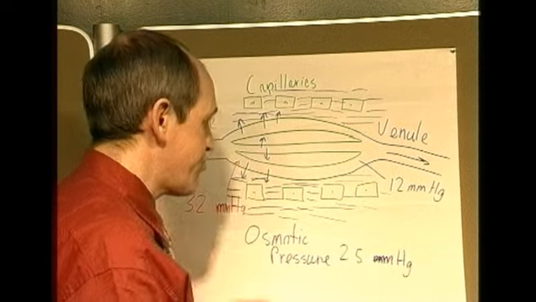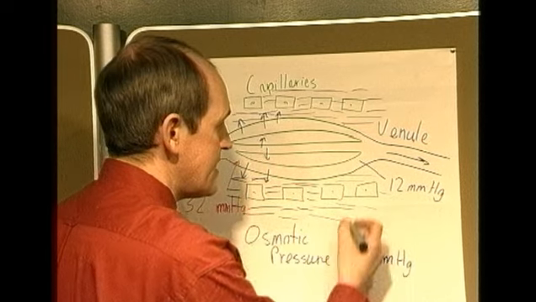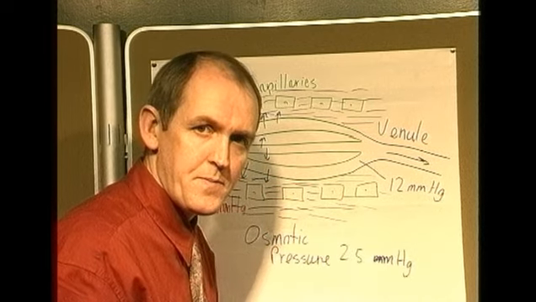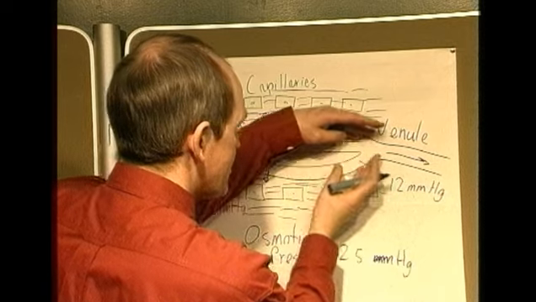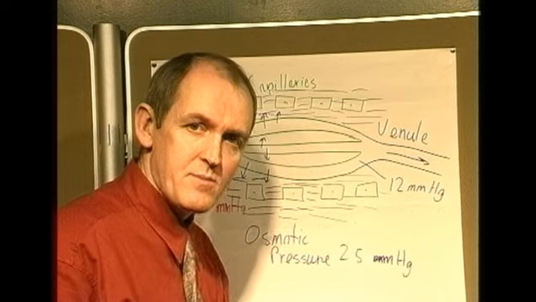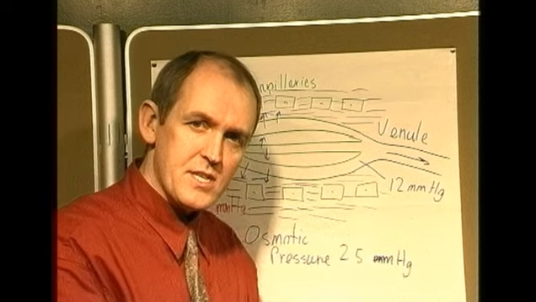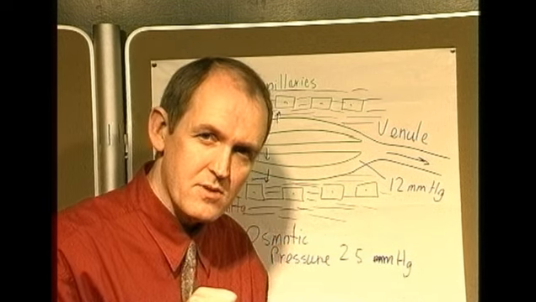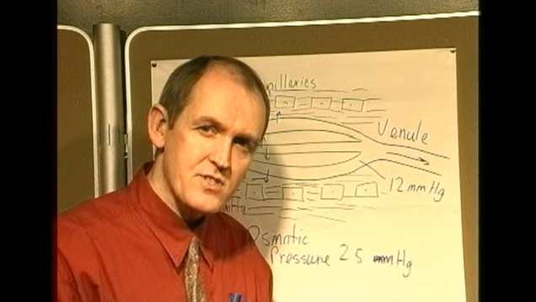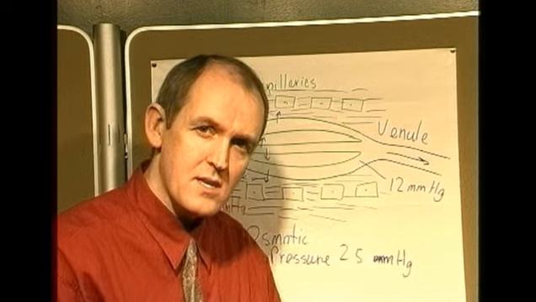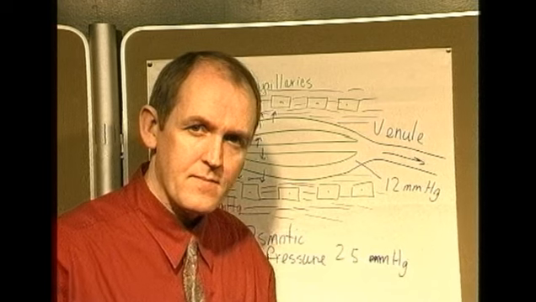So now the pressure drawing water in is 25 millimeters of mercury, and the pressure exuding water out is only 12 millimeters of mercury. So this means that the osmotic effect sucking water back into the capillary is greater than the hydrostatic effect pushing the water out of the capillary.